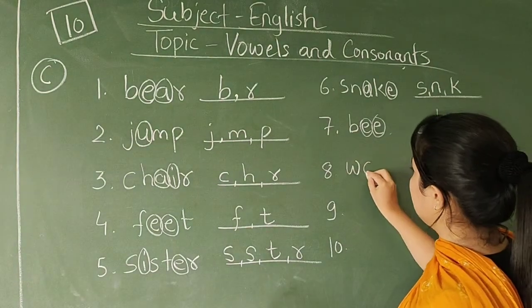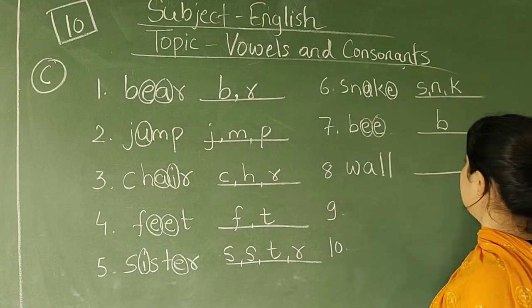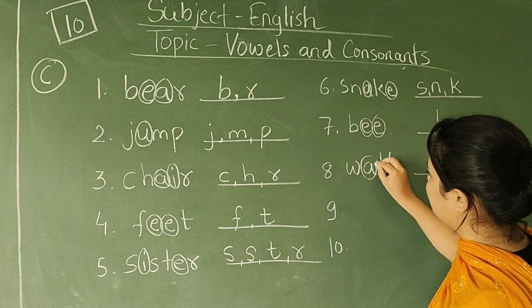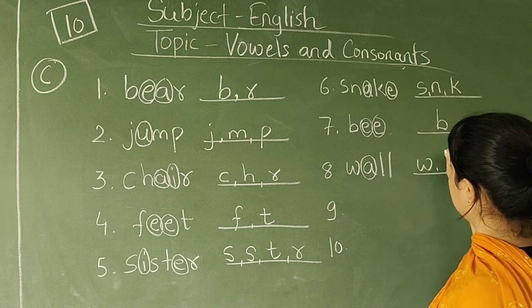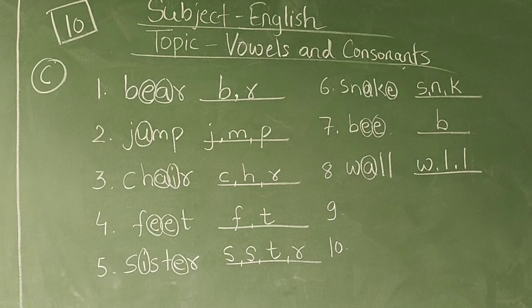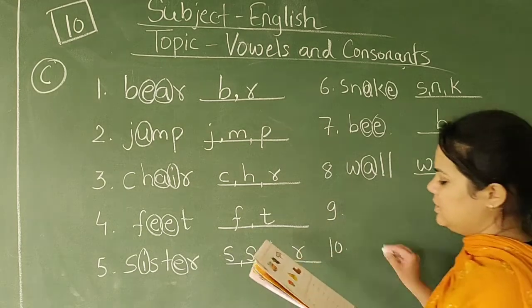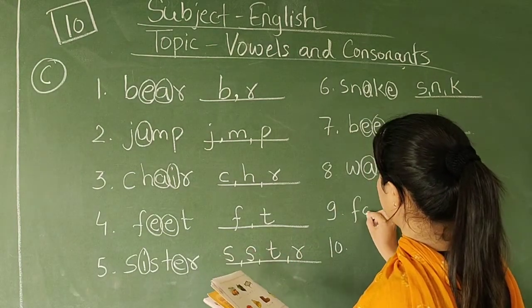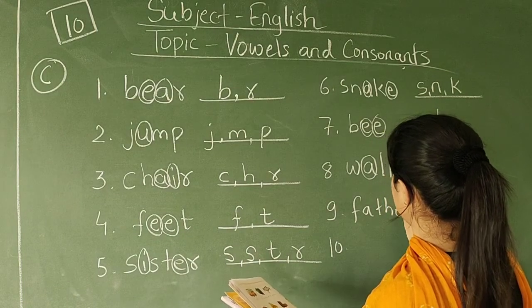Then W-A-L-L. Here we have A as vowel, so W-L-L, 3 consonant letters, W-L-L. After that, number 9, F-A-T-H-E-R.